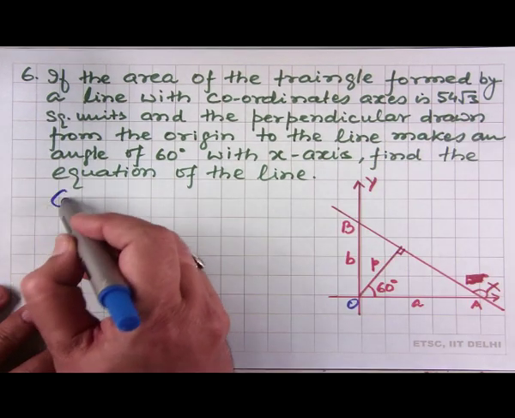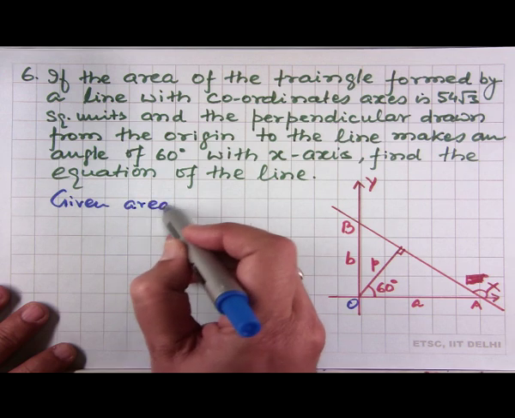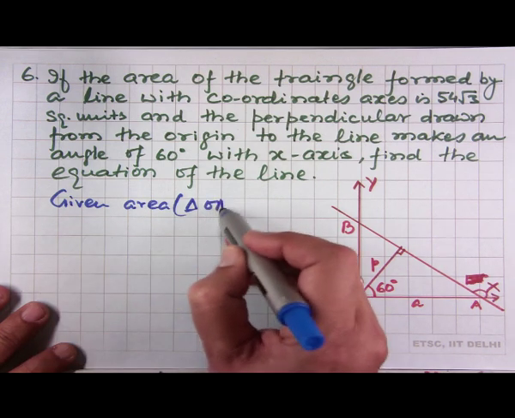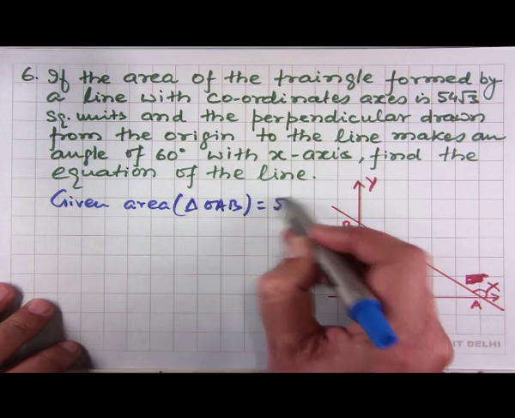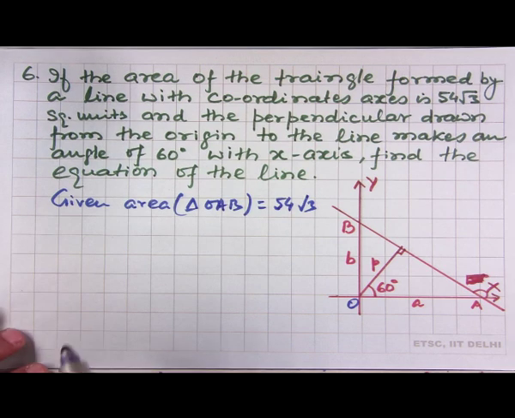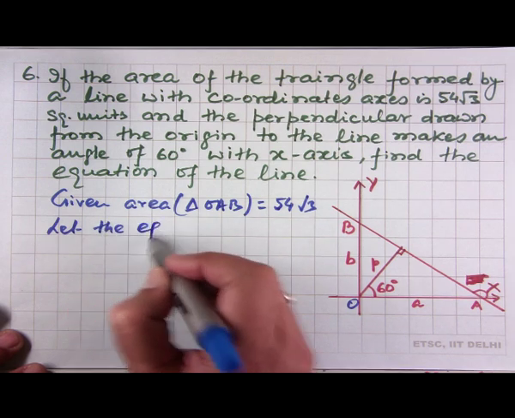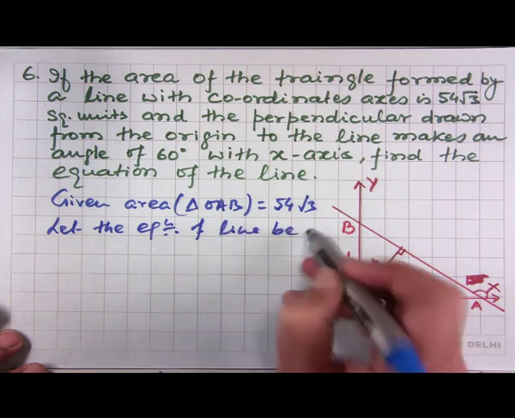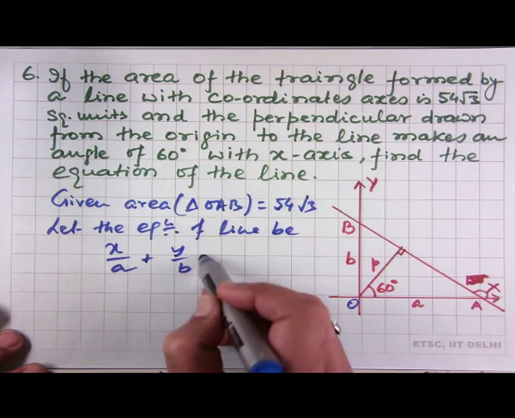Given area of triangle OAB is equal to 54 root 3. Let the equation of line be x by a plus y by b equal to 1.